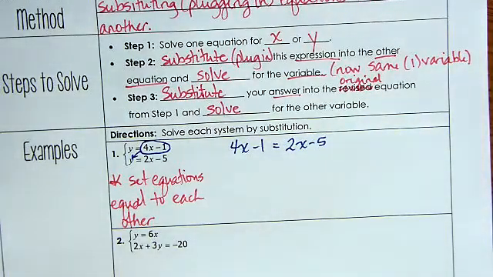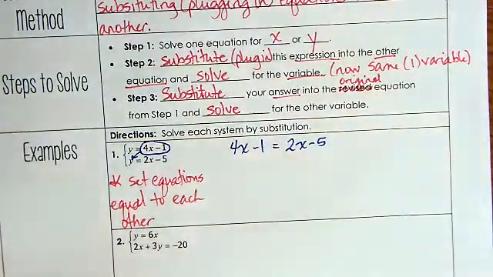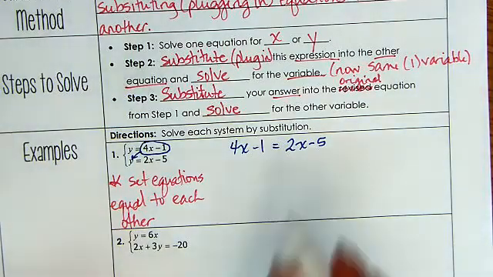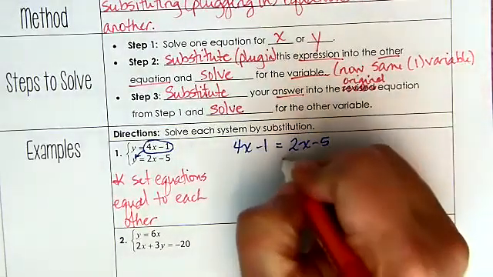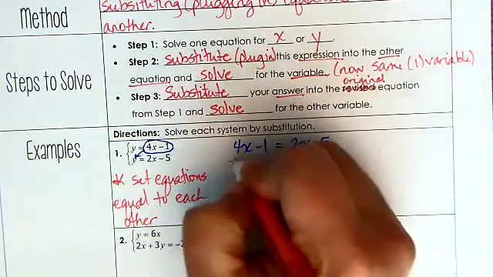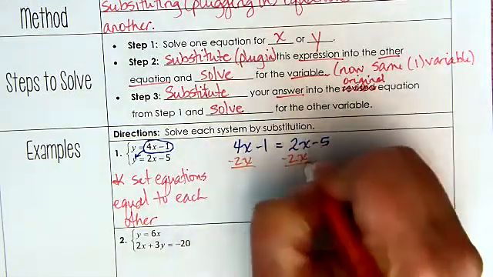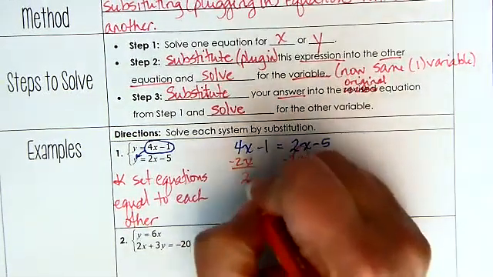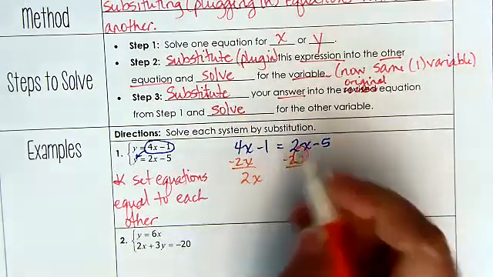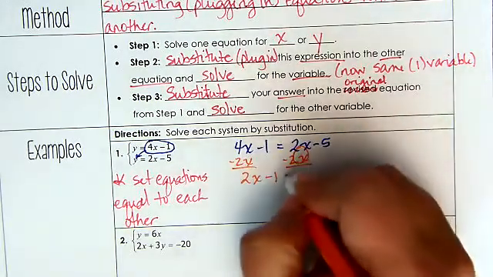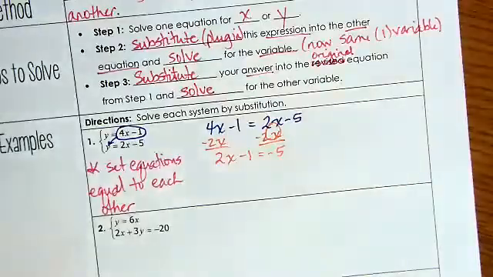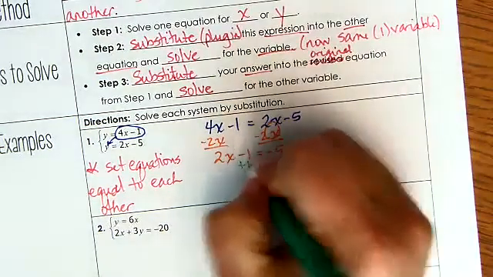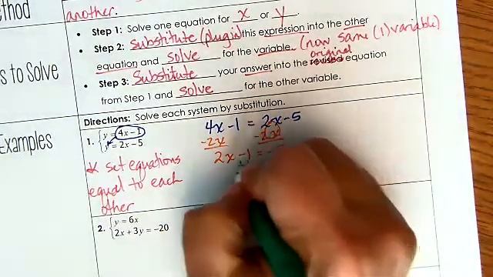Now we are just solving equations with variables on both sides, which we know how to do. We've done plenty of that. This is one of the reasons why we did it so much. So we subtract 2x from both sides. This zeroes out, and we now have 2x minus 1. Now we add 1 to both sides.